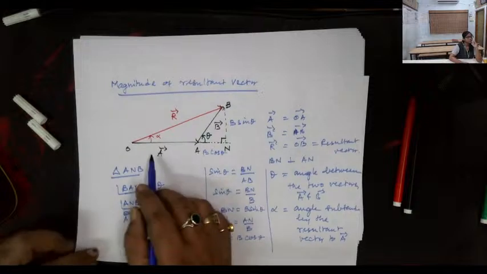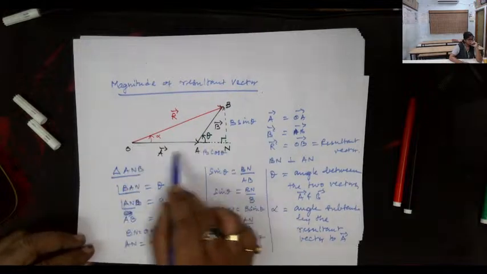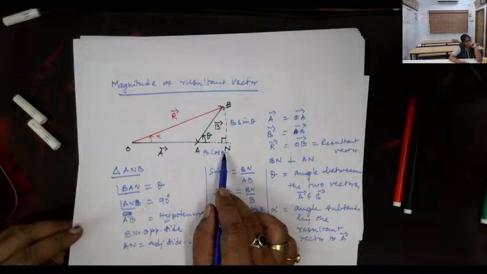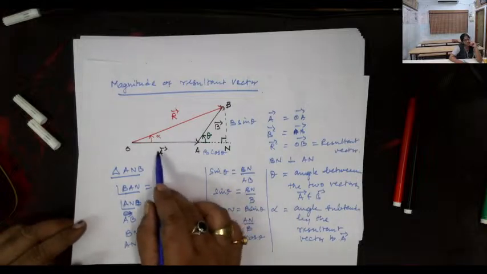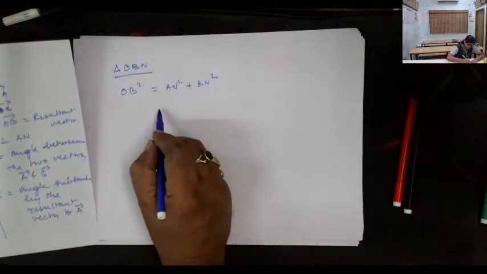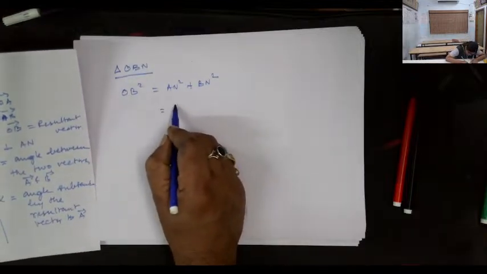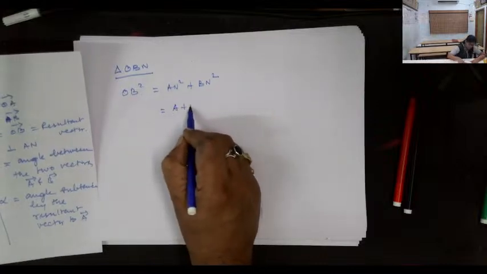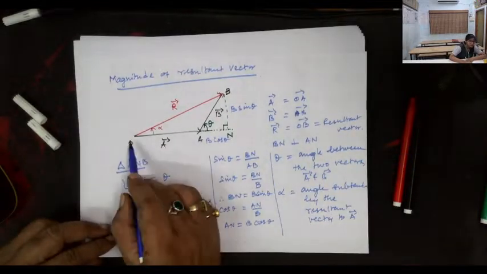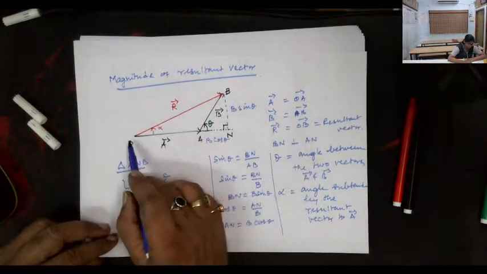And here, this OA plus this AN is nothing but the magnitude of vector A plus B cos theta. So you can mention this as A plus B cos theta, right? And what about this OB? OB is nothing but R, is it not?